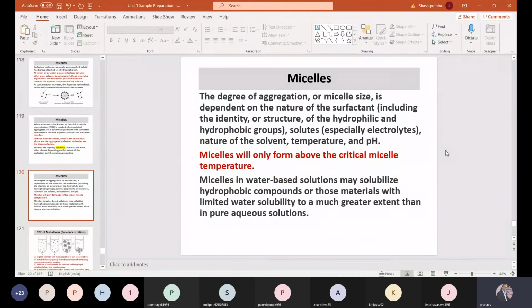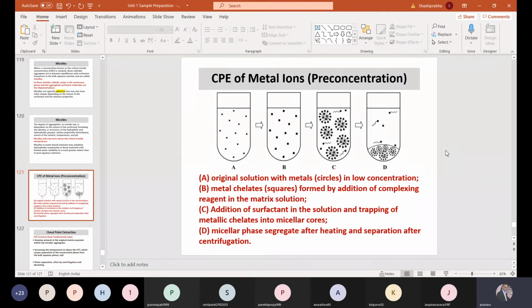This is all about what I've just mentioned to you, that it has a hydrophilic head and hydrophobic tail, and it forms a micelle. And this is how it happens. Actually, in the experiment, you have the original solution, A, with metals in very low concentration. Then you add a chelating agent.